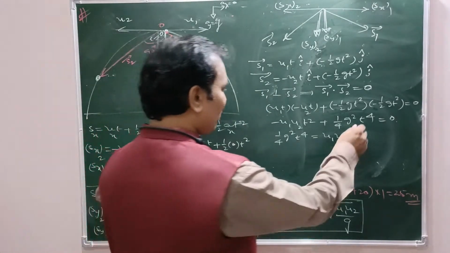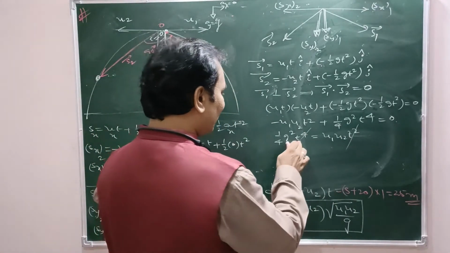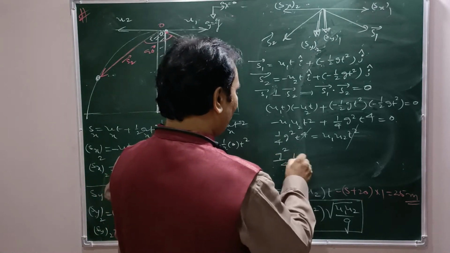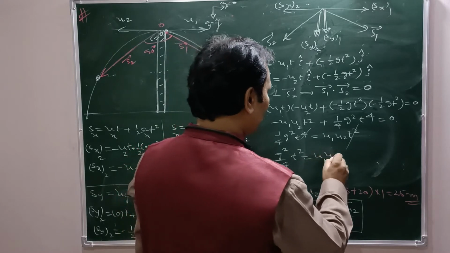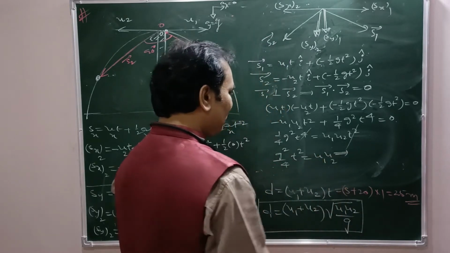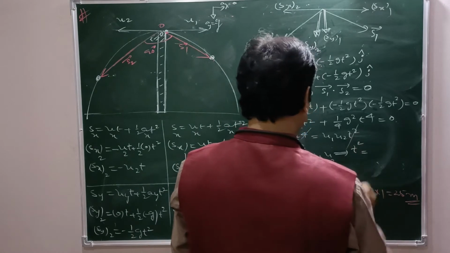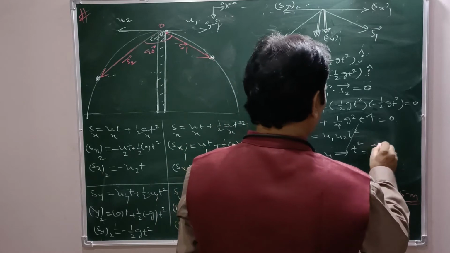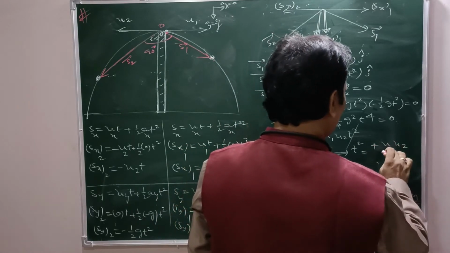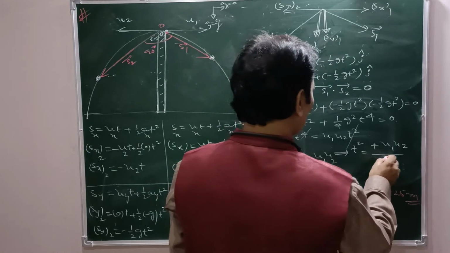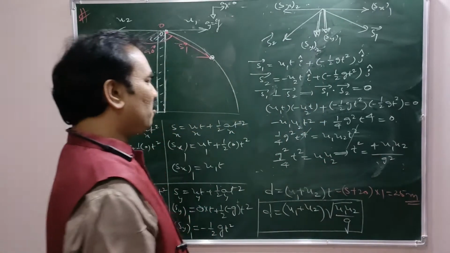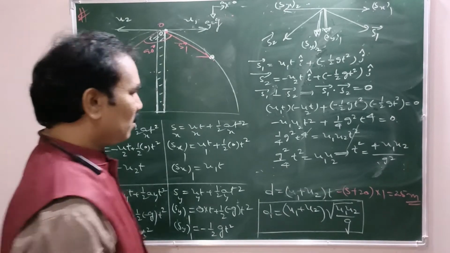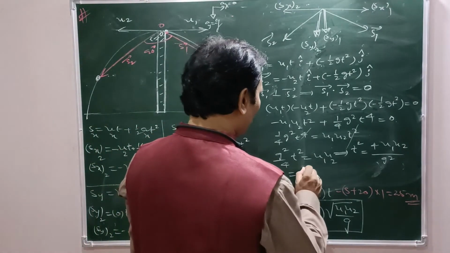So from t square, t power 4, we are left with t square. So g square by 4 into t square equal to u1 u2. This implies t square equal to 4 u1 u2 by g square, that is t equal to 2 root u1 u2 by g.